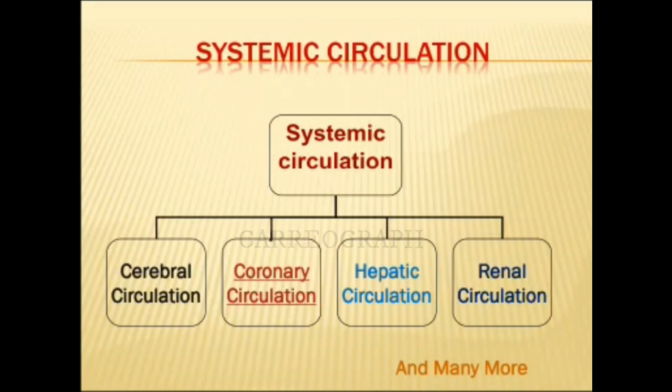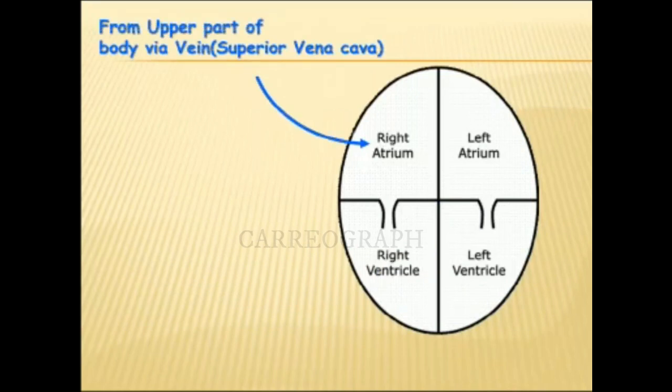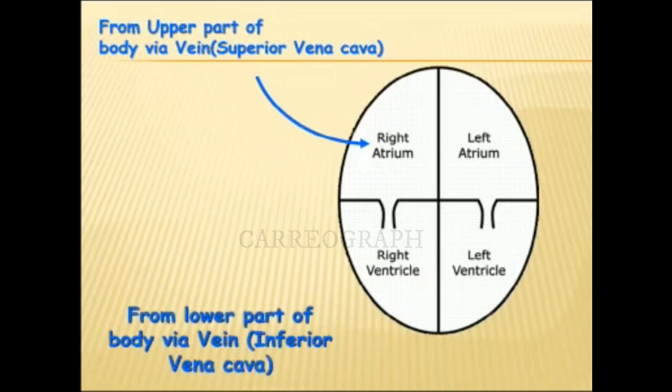Now friends, we will see the route of circulation of blood. In the circulation, deoxygenated blood comes into the right atrium from the upper parts of the body through the superior vena cava, and from the lower parts of the body through the inferior vena cava.